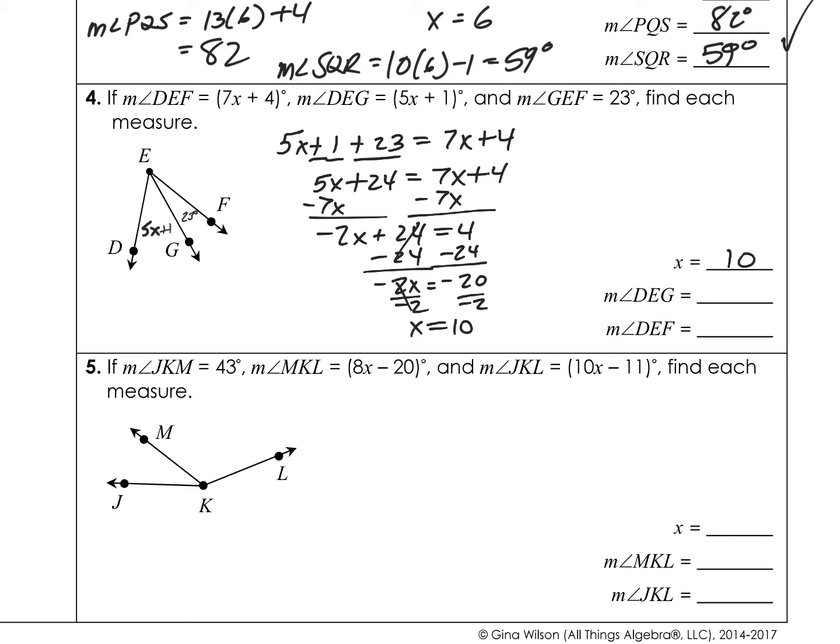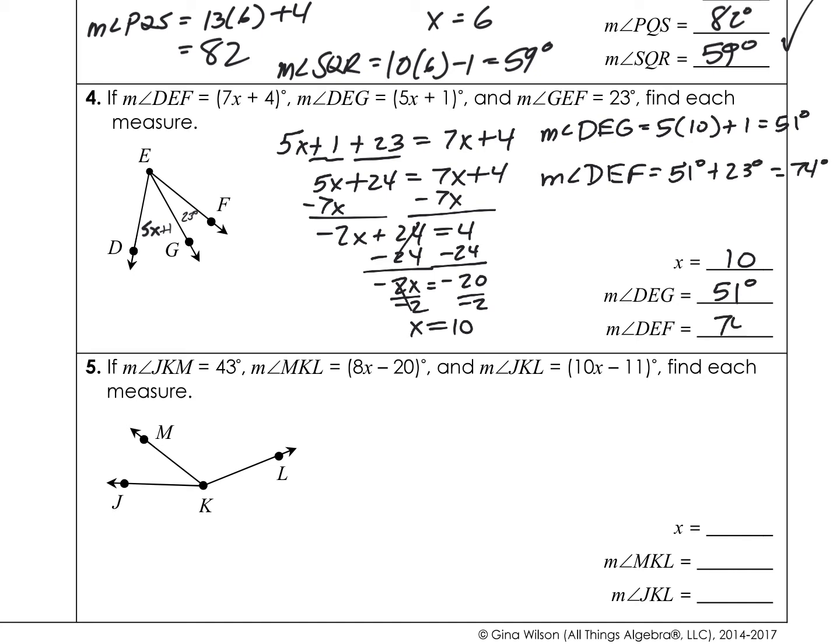Okay. If x equals 10, then the measure of angle DEG is equal to 5 times 10 plus 1, which is 51 degrees. And the measure of angle DEF is equal to 51 degrees plus 23 degrees, which is 74 degrees.